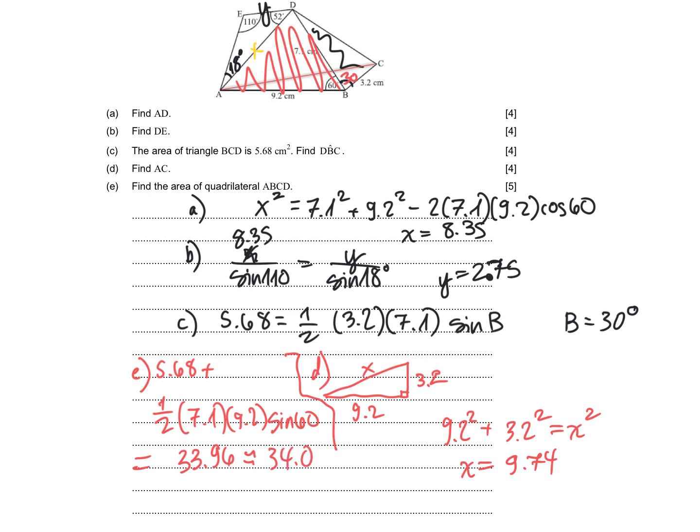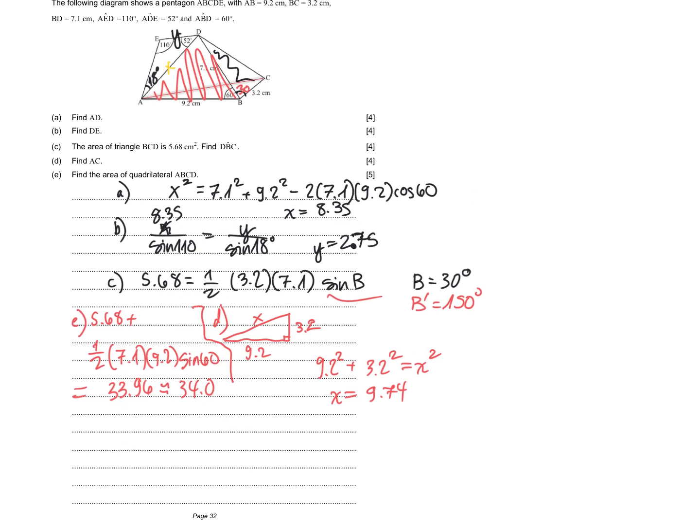units squared. And I was just looking through the mark scheme because we use sine here. They did do the alternative angle to be 150. But yeah, if that's the case, then that changes this angle in D. We would have this be 210, this 9.2, and this 3.2.